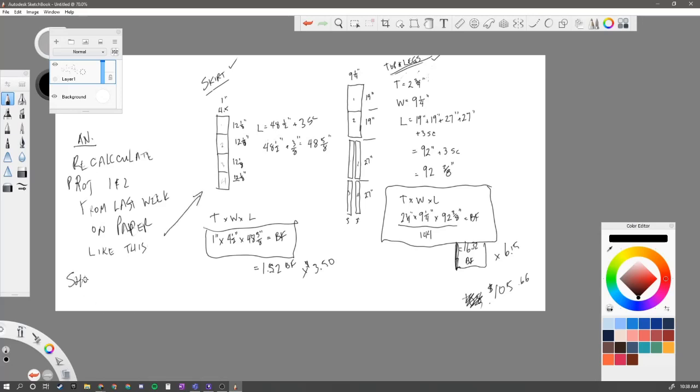And show your work. You can just take a picture and upload it, I guess.